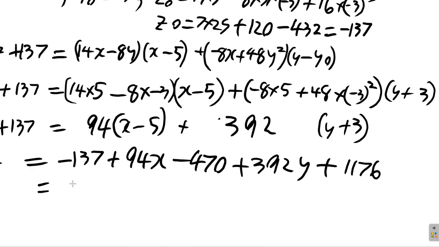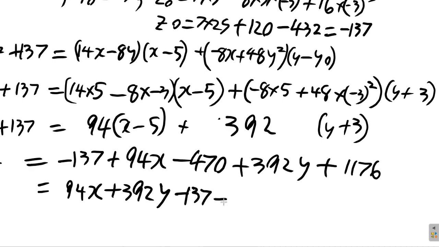So putting everything together now, 94x plus 392y, then the numbers minus 137 minus 470 plus 1176.